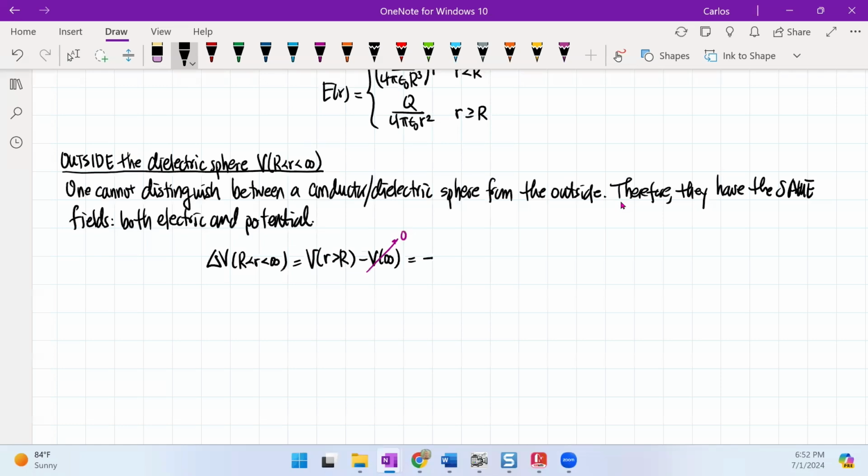This is going to be the negative of the integral from infinity to r of the electric field, which we already know: Q over 4 pi epsilon r squared dr. We've calculated this already. So this value then becomes plus Q over 4 pi epsilon r, minus 0. We knew that.